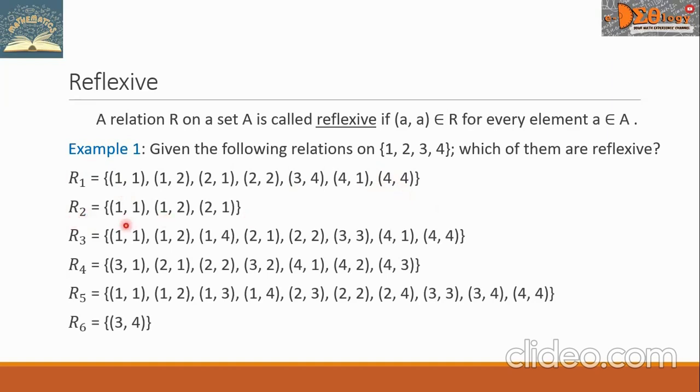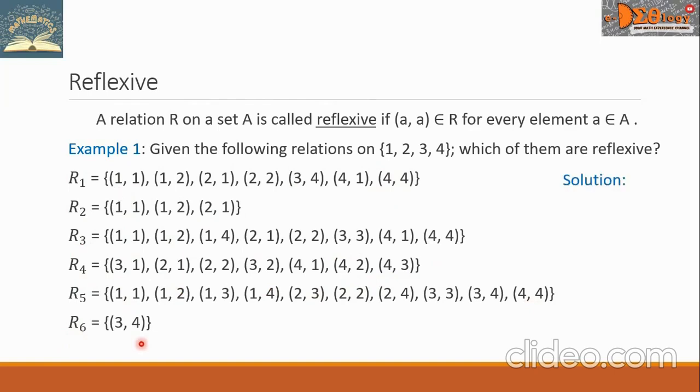Relation 2, from (1, 1) up to (2, 1). Relation 3, from (1, 1) up to (4, 4). Relation 4, relation 5, from (1, 1) up to (4, 4). Relation 6 has one ordered pair, (3, 4).